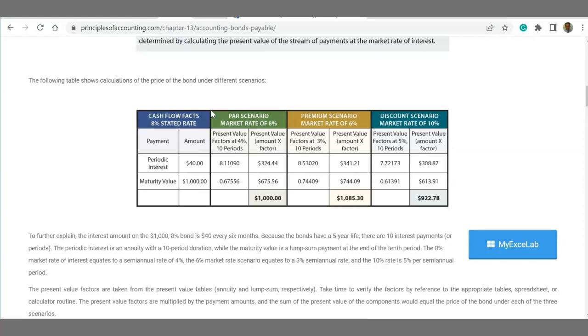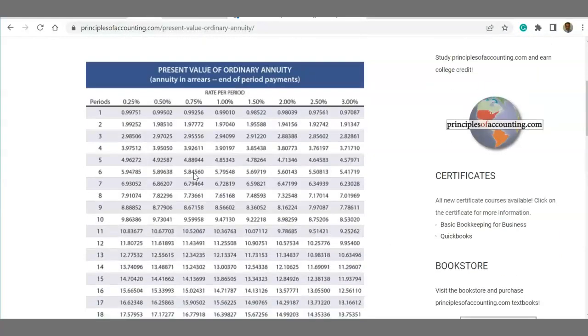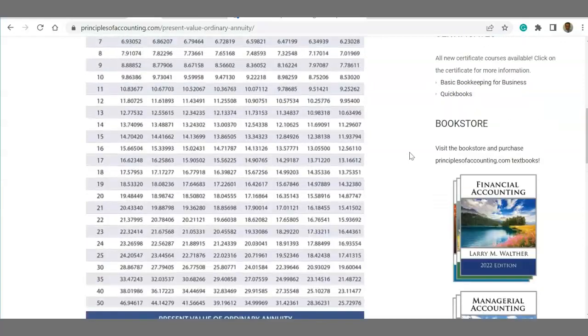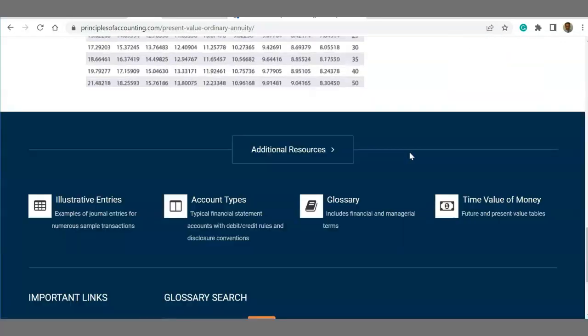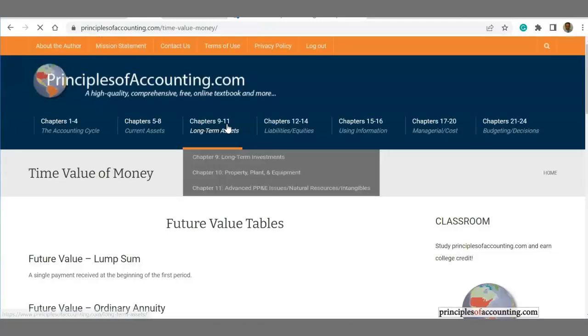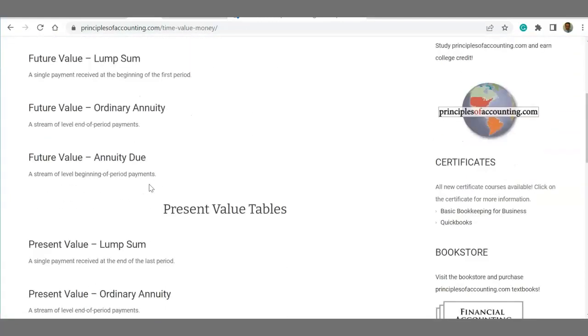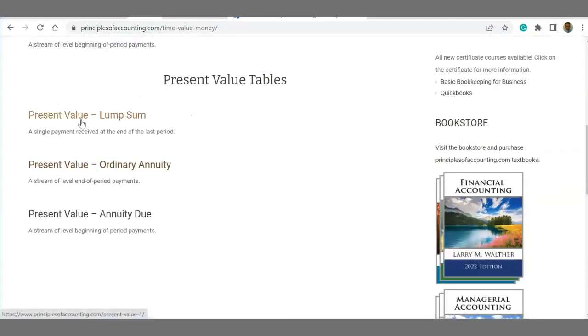Just one-time payment. So you go to present value of $1 one-time payment, $1 one time lump sum.